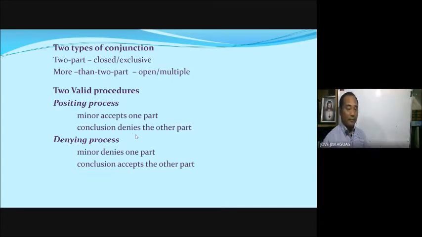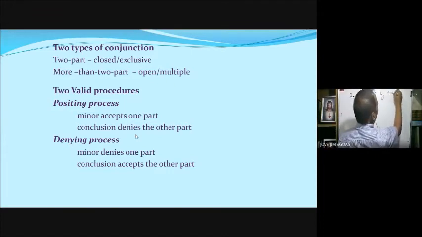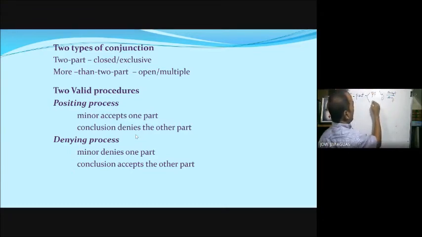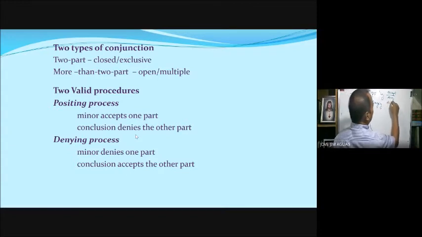If you have a two-part conjunctive, you can follow both the positing process, positing means accept, deny, or the denying process, denying means deny, accept.